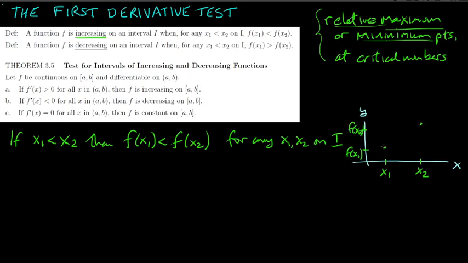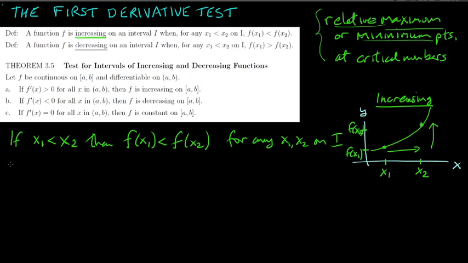To go from one point to the other, what do we have to do? We have to be going up. We don't use the term going up, we say that the function is increasing. As the x values get bigger, the y values get bigger, that means that it's increasing.